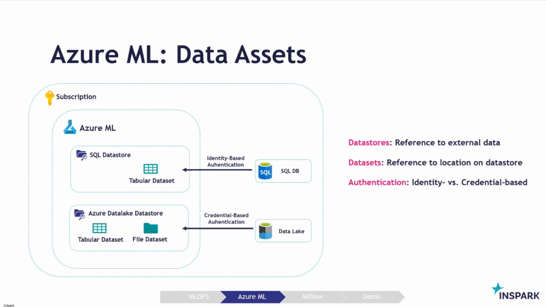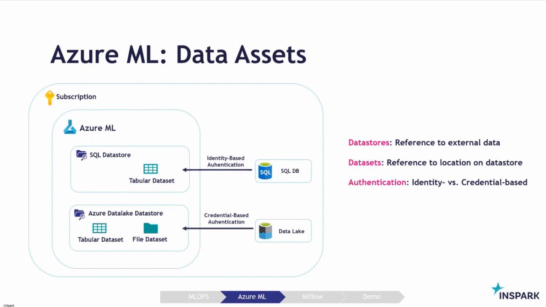Data stores include the authentication needed for accessing the underlying data storage solution. And there's two methods of authentication that Azure Machine Learning uses: identity-based authentication and credential-based authentication. Credential-based authentication stores the credentials together with the data store, and identity-based authentication stores no credentials at all.